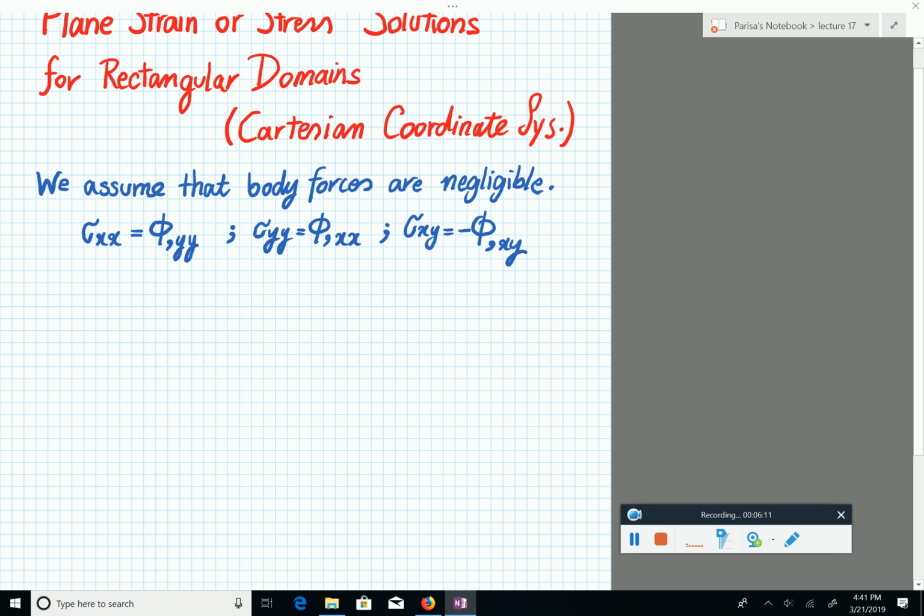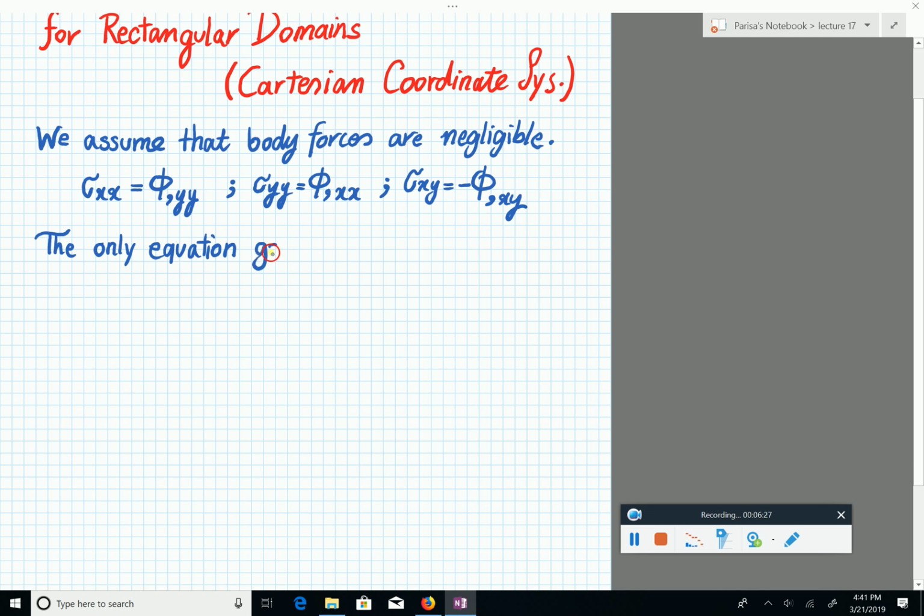The biharmonic equation. So the only equation we have to deal with, governing the problem, then becomes the biharmonic equation, which I just showed you.